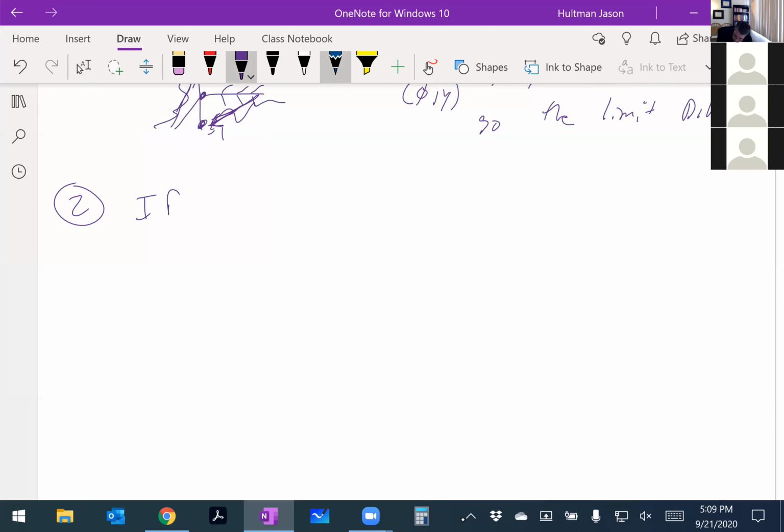Okay, if f of x,y equals xy squared over x squared plus y to the 4th, does the limit exist? Does the limit exist for this function? Which limit?